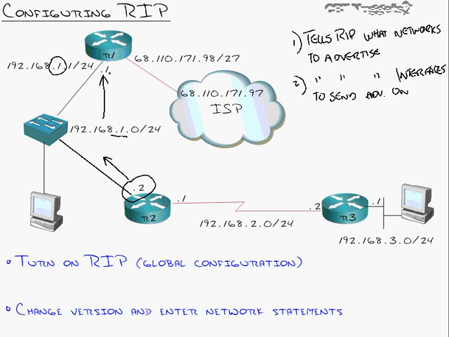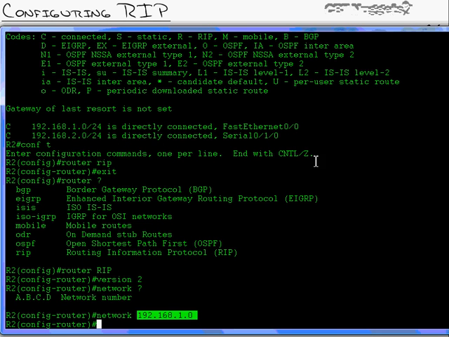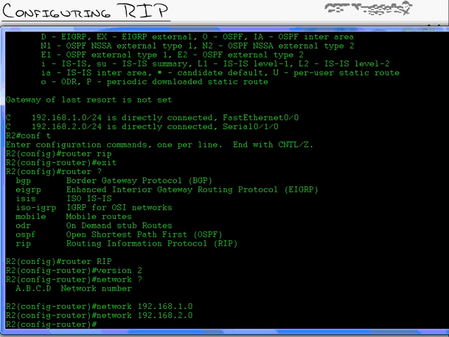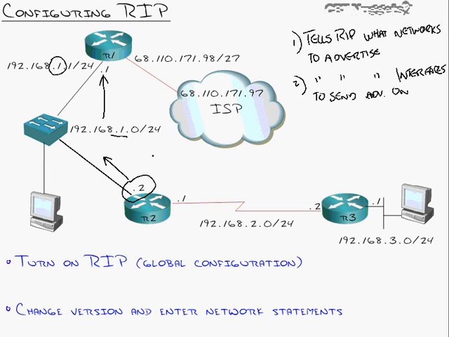Thanks. So what we need to do is add more network statements. I'm going to type in network 192.168.2.0 and hit enter. Now RIP is sending advertisements out both of these interfaces, because this one starts with 2.0, and it's advertising both of these networks.